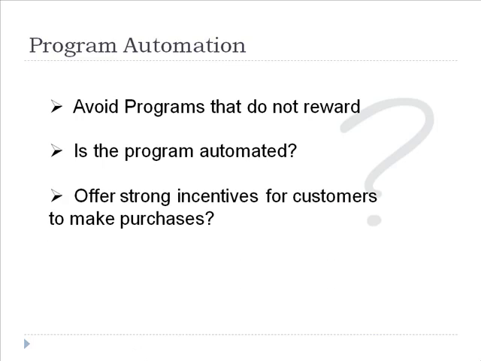Does the program offer strong incentives for customers who make additional purchases or for members to renew their memberships? Affiliate programs that provide continuous help and upgrades for their products have the tendency to retain more customers.